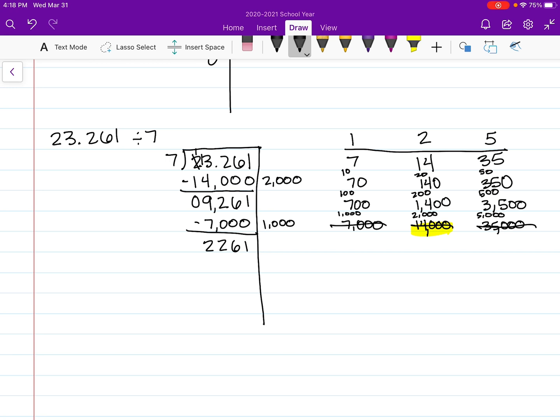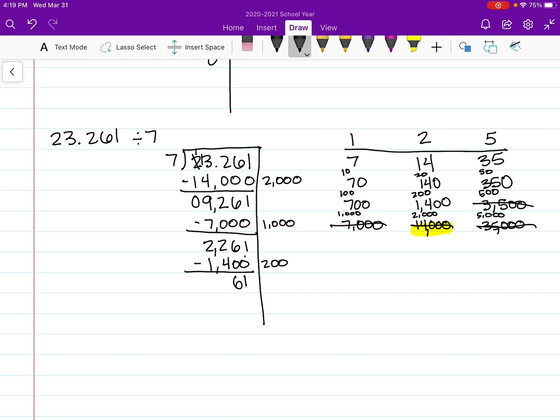Well, 7,000 is too big. 3,500 is too big. So I can take away 1,400, which is 200 groups of 7. So 1 minus 0 is 1. 6 minus 0 is 6.